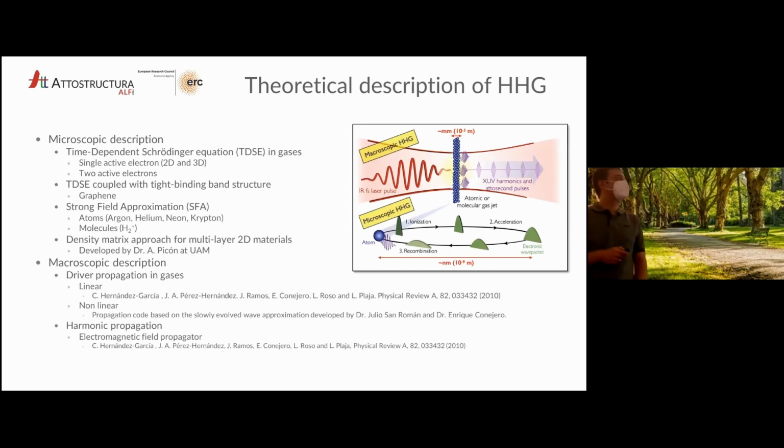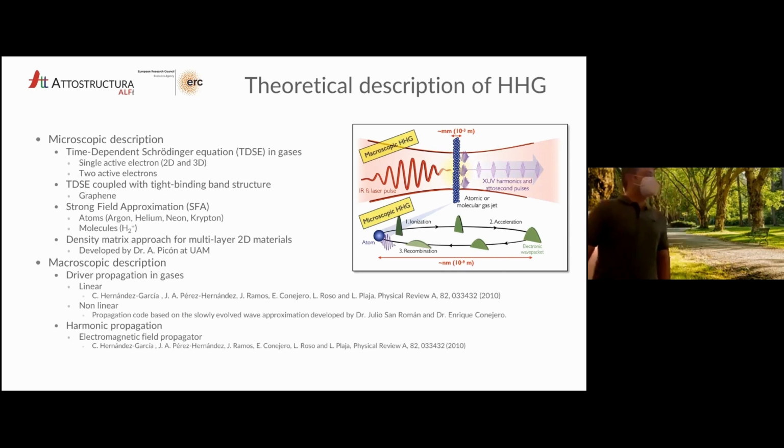Here we have the process of high harmonic generation that Carlos has already commented. We have an infrared laser pulse with a short duration of a few femtoseconds that is targeted towards a gas jet, or sometimes a solid, and that generates an ultraviolet pulse.